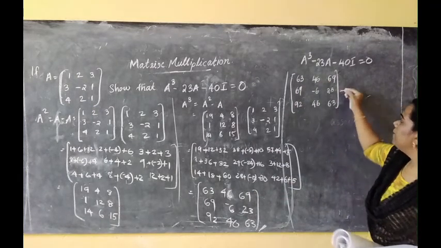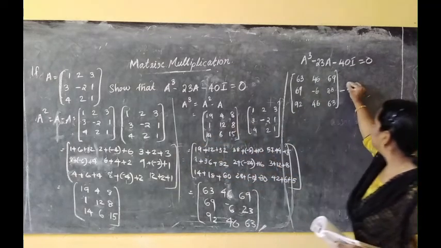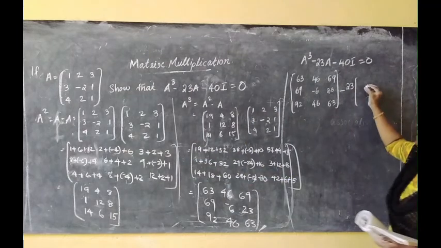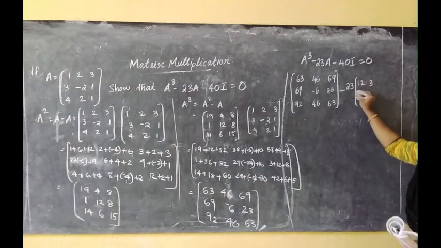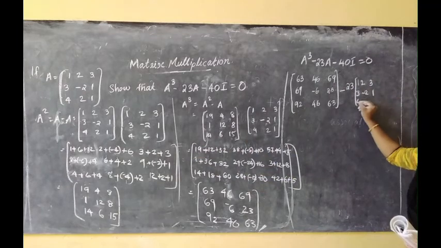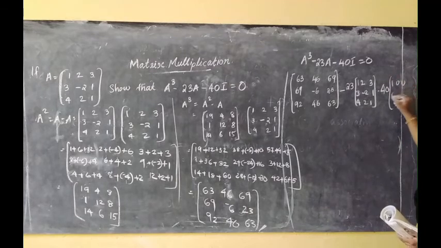This is A cube. Minus 23A. A is given, so you should multiply by 23. 23A, what is A here? 1, 2, 3, 3 minus 2, 1, 4, 2, 1. Minus 40I. What is I? 1, 0, 0, 0, 1, 0, 0, 0, 1.